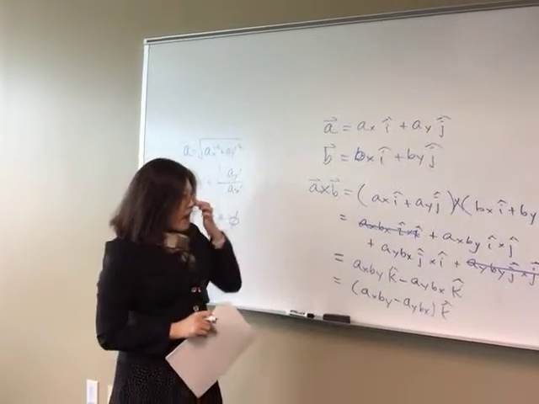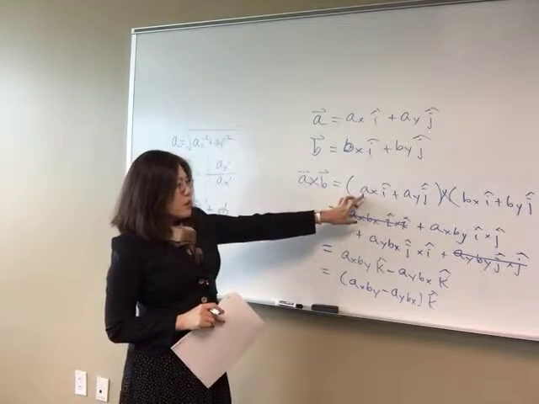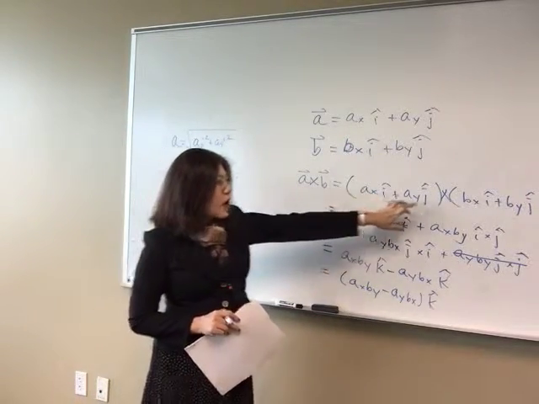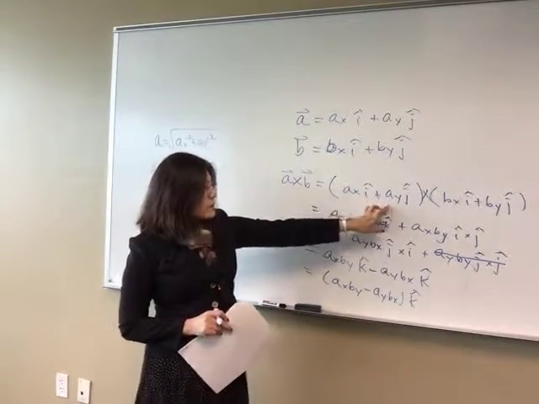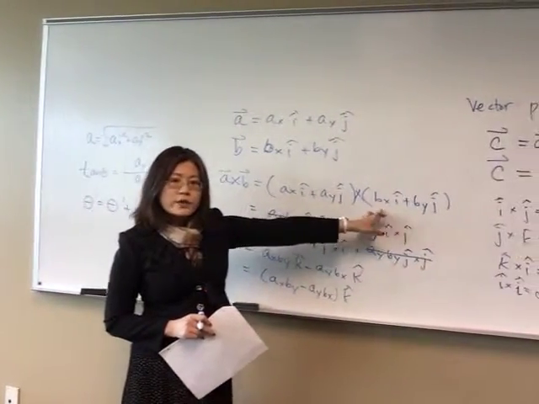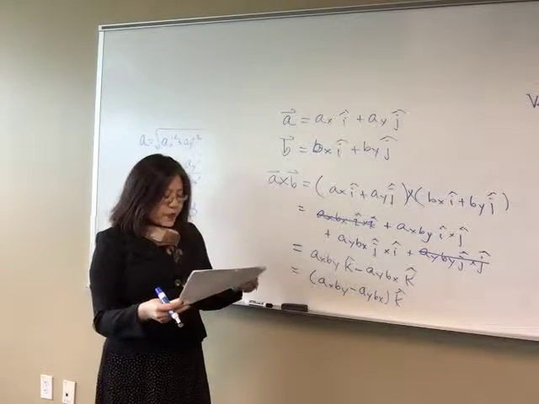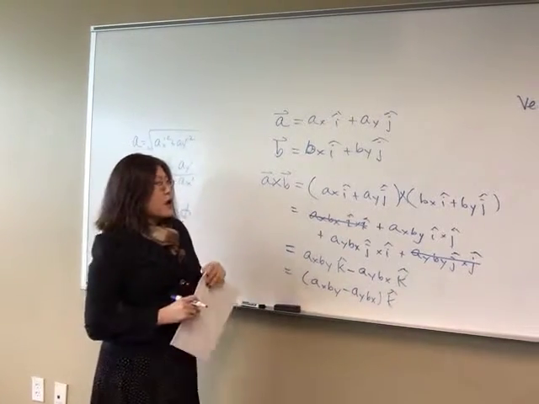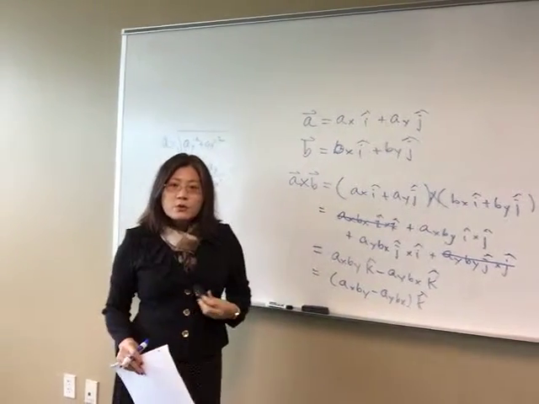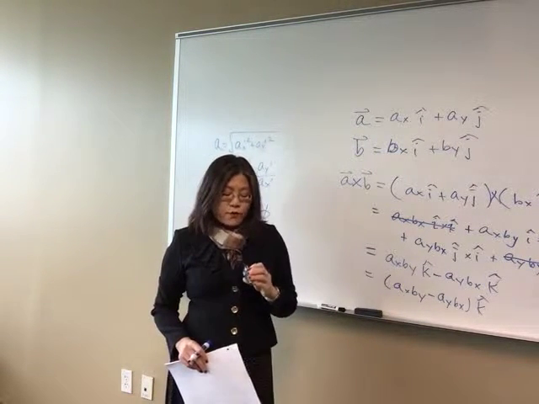Okay? So what you see here is that you have the x component times the y component of the second, and then the y component times the x component of the second, with a negative sign in front of it. That's basically how you do the vector product, and this concludes the important things from chapter 3.